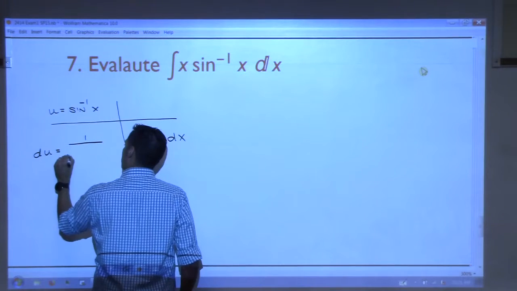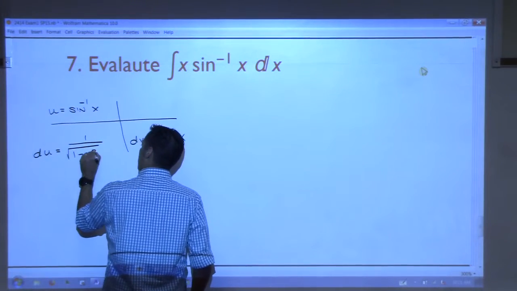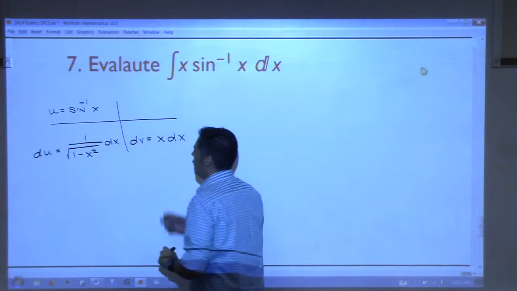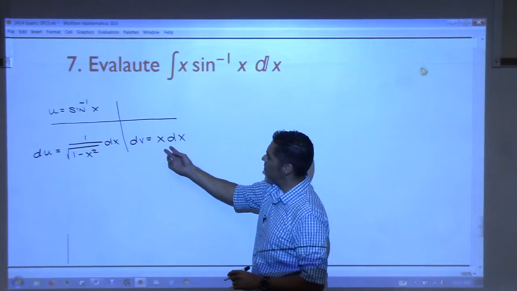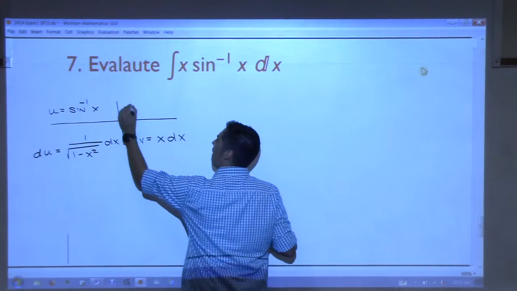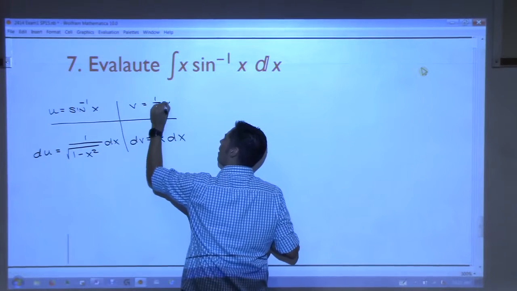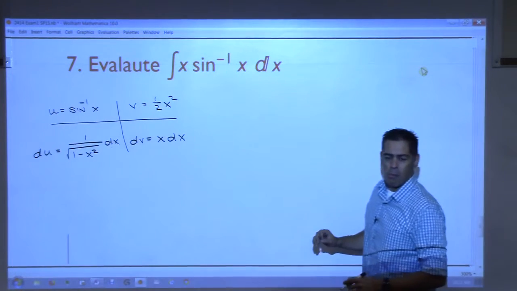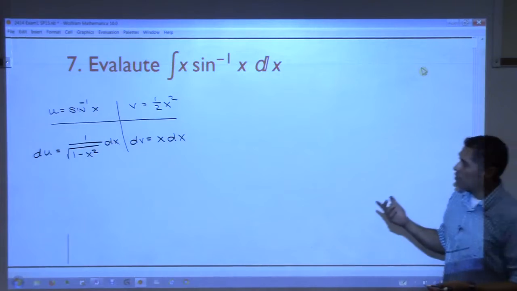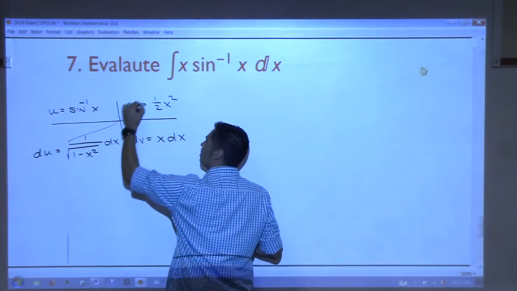What is the derivative of arc sine of x? 1 over square root 1 minus x squared dx. And when we integrate this, we get 1/2 x squared, right? And then our new integral is going to be this, right?